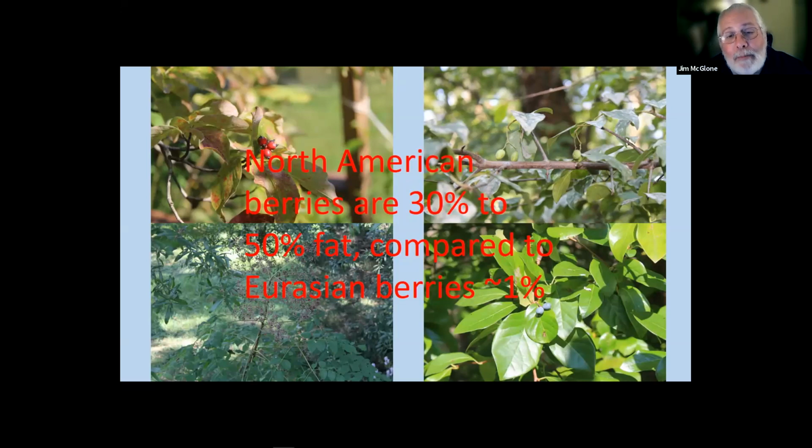Fat is very important for birds, for our resident birds, in getting through the winter, but also for the neotropical migrants that have to fly to South America, because it takes a lot of energy to cross the Gulf of Mexico and the Caribbean. And I've been talking to wildlife biologists for over a decade who keep talking about those neotropical migrant birds that feed on those Eurasian berries, and they don't make it to South America.